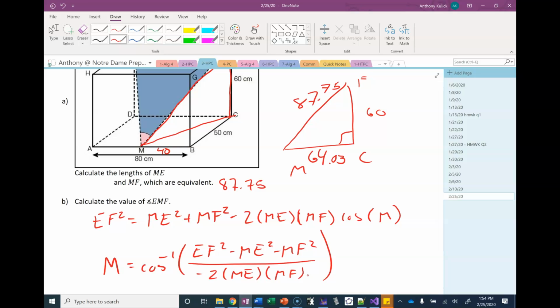And that's what I'm going to type into my calculator then. And that'll come out to be 54.24. Is that okay, Olivia? Good.